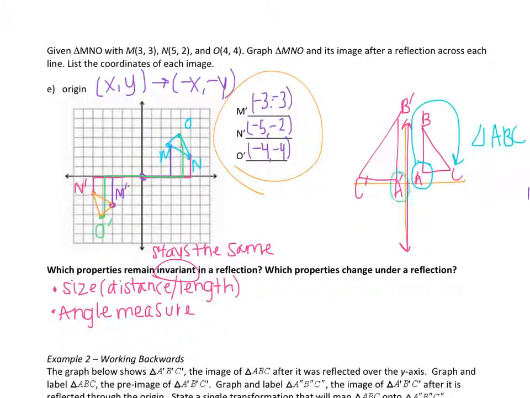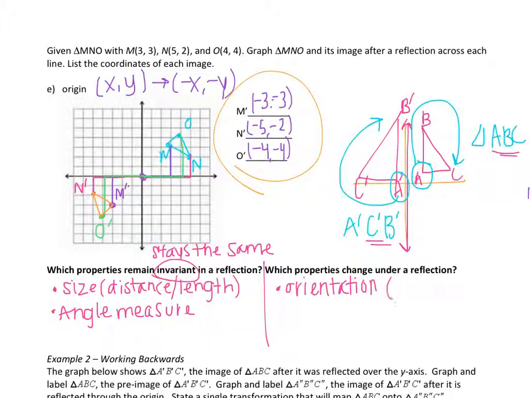If I again start with A prime this time, going clockwise, I now have triangle A prime, C prime, B prime. And you can see that the order of the letters is not the same. So when we're talking about what properties change, orientation changes. Only in a line reflection though.